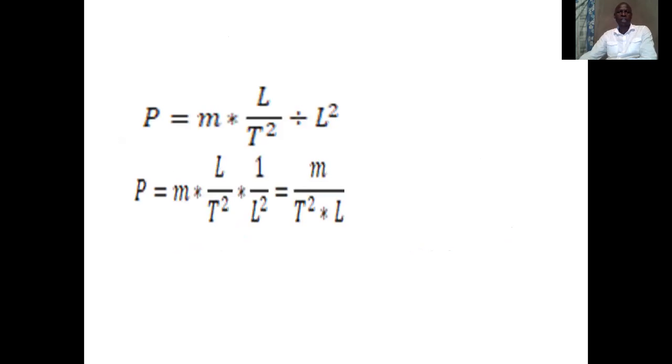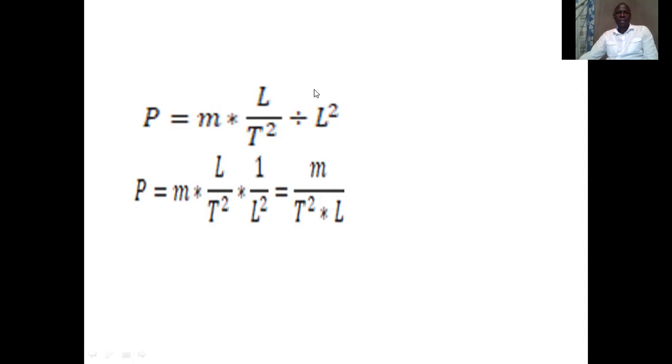Now, if we want to get the dimensions here, we can get the dimension of mass, which is M, and the dimension of acceleration, which is meters per square second. The meters can be expressed as length, L, and the time can be expressed as T squared, divided by area, and the area can be expressed as length times length, which is length squared.